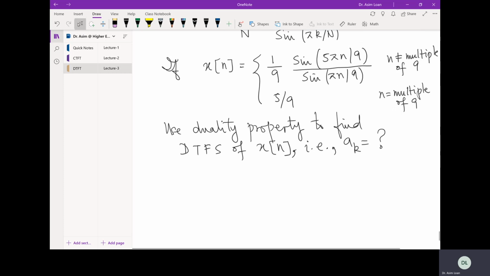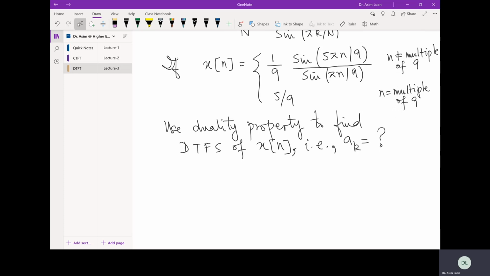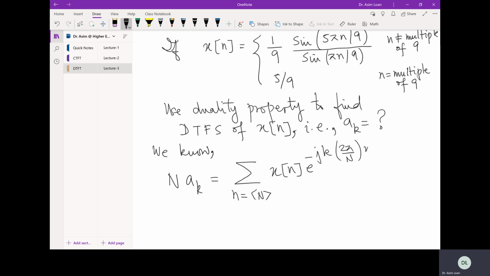So to do that, we do exactly the same thing that we did for the continuous time Fourier transform case. So we know n times ak equals sum over n of x of n e to the minus jk 2 pi by n.